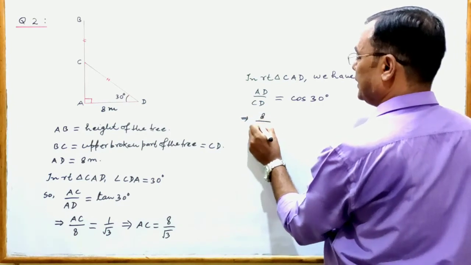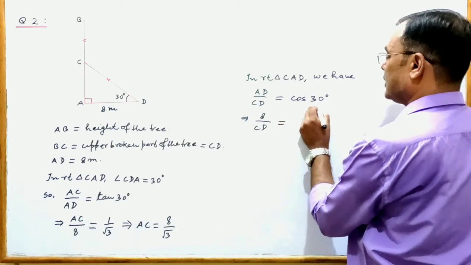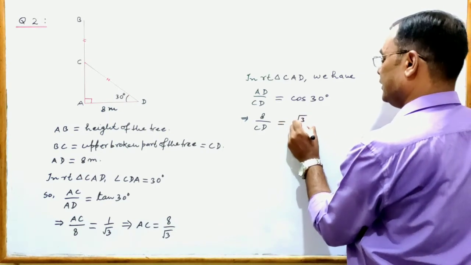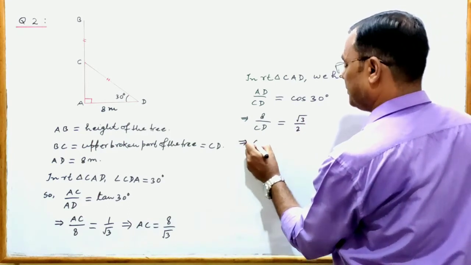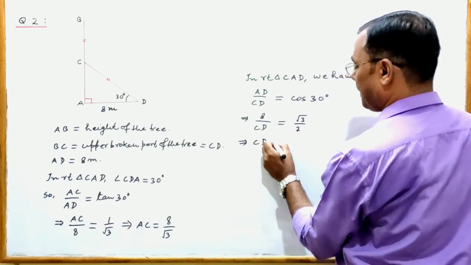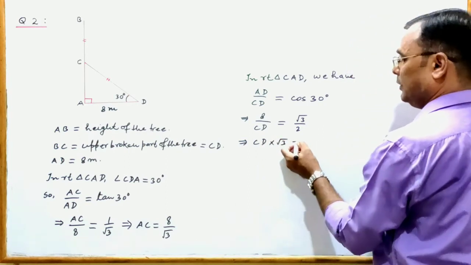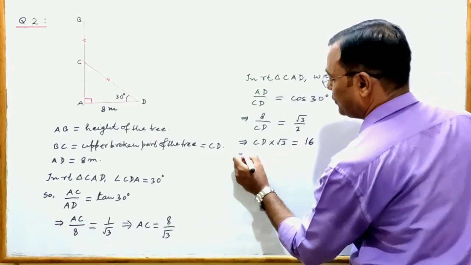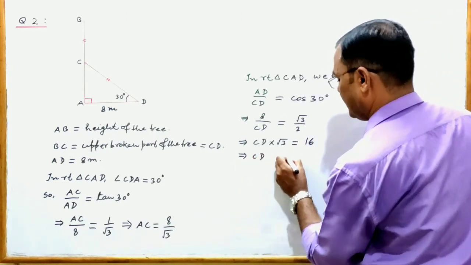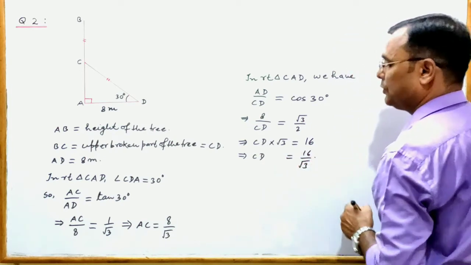AD, 8 meter, by CD is equal to cos 30 degrees, which is root 3 by 2, and this implies CD into root 3, if you cross multiply, will be equal to 2 into 8, 16. So CD is equal to 16 by root 3.